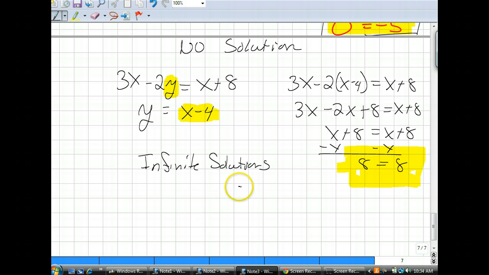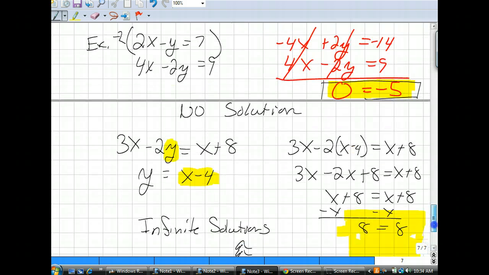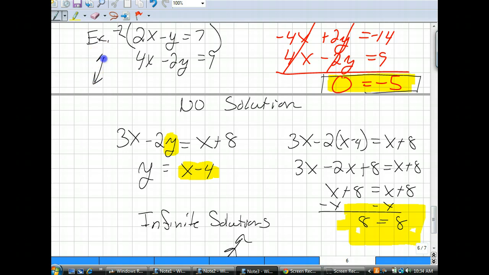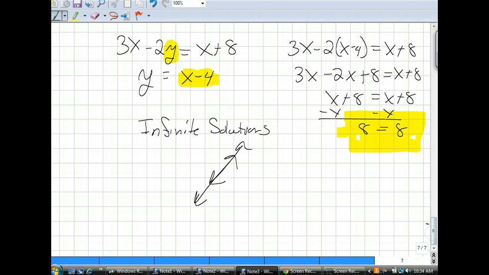And that's the case, if I graphed it, where the lines would be the same line. And this one up here, remember, the lines would be parallel lines. All right, so that would be a picture of that.